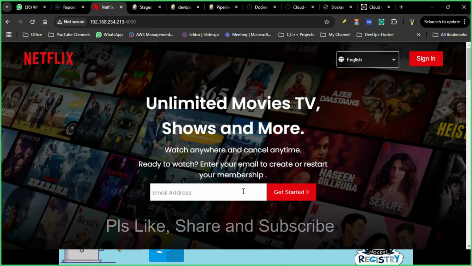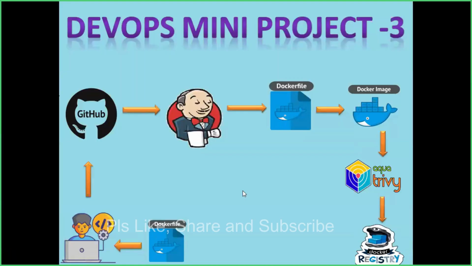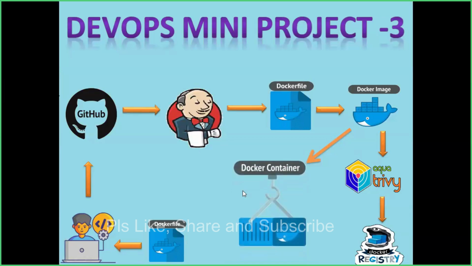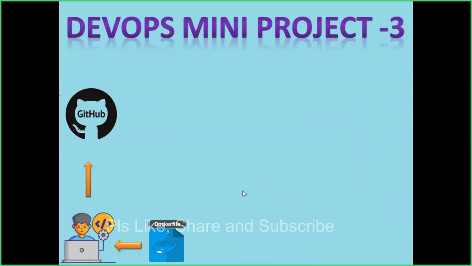Okay, this is the process to deploy the application in the container. So in this scenario, what we have taken? Here we have taken Docker file and source code, and we have uploaded into GitHub repository. Then we have integrated with Jenkins.